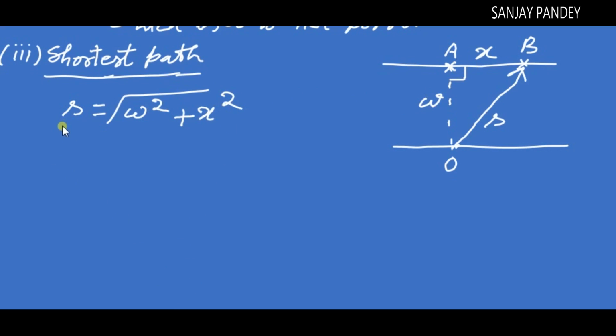So for minimum S, the drift x should be minimum. Now two cases are possible. Case first, when Vr is less than Vbr.